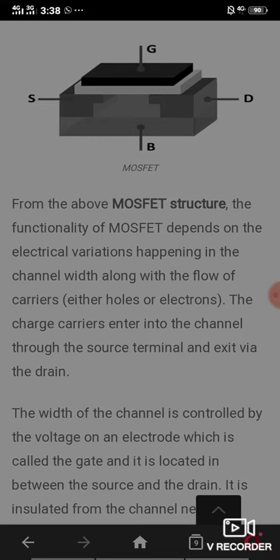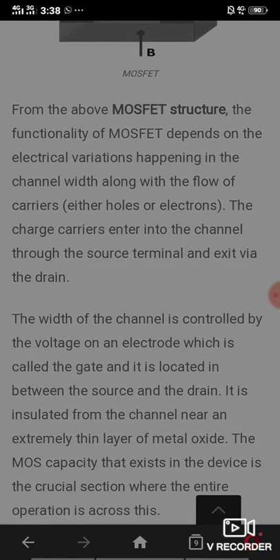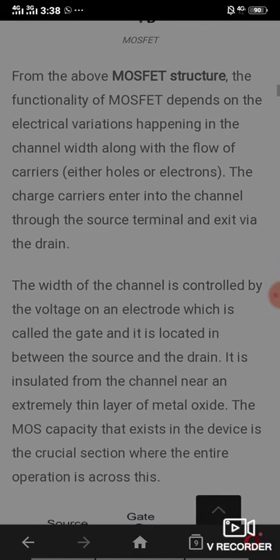The charge carriers enter into the channel through the source terminal and exit via the drain. The width of the channel is controlled by the voltage on the electrode, which is called the gate, and it is located in between the source and the drain.